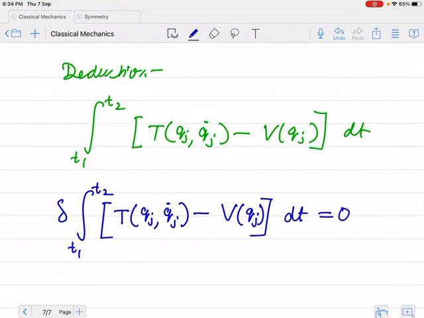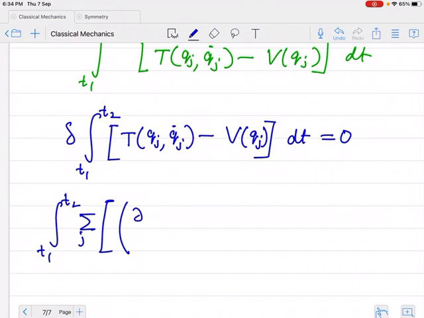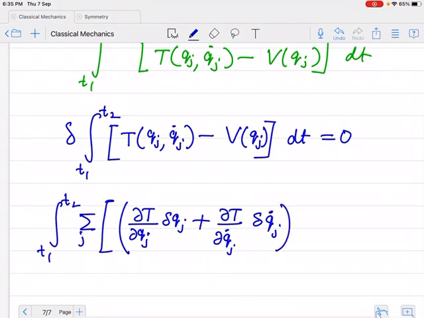We can write this variation, from t1 to t2, as the sum over j of (del T by del qj) delta qj plus (del T by del qj dot) delta qj dot minus (del V by del qj) delta qj, dt, is equal to 0.